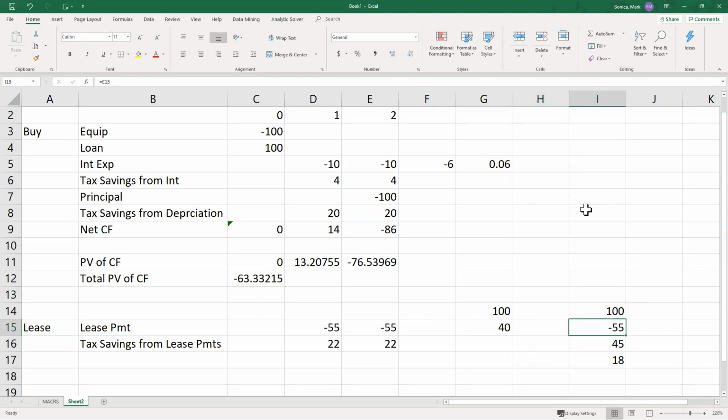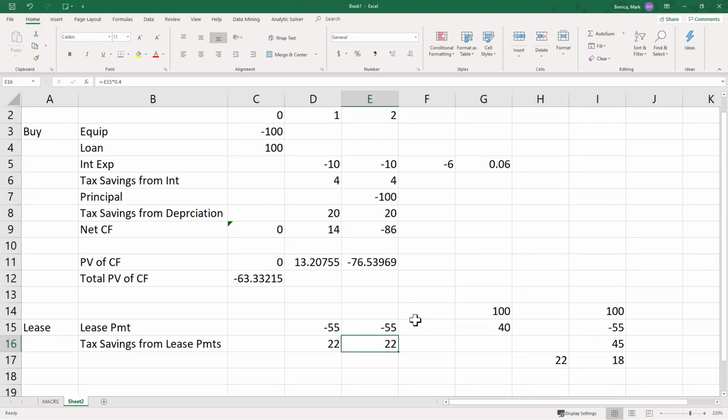So if I don't have that $55,000 expense, I'm going to pay 40,000. But if I have that $55,000 expense, it brings my taxable income down to 45. And so I'm only paying tax on 45 instead of 100. Okay. So what's the difference between if I pay tax on 100 or if I pay tax on 45? Well, the difference is 40 minus 18, or 22, which is what we're doing here.